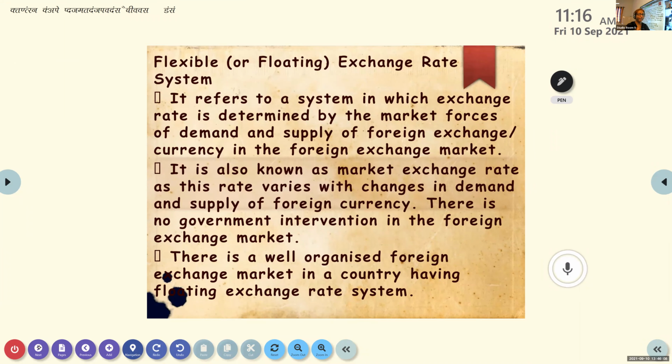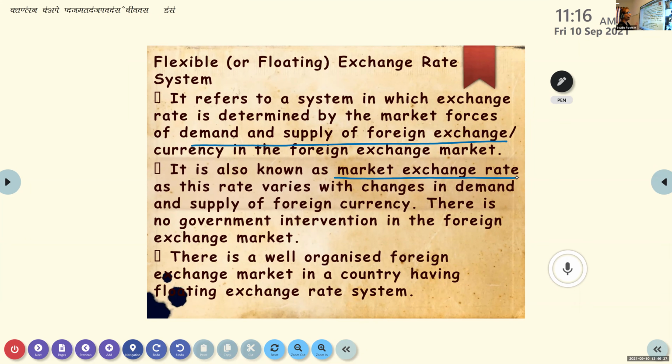So a flexible or floating exchange rate means that it is determined by the demand and supply of the foreign exchange in the market. If there is more demand for the foreign exchange, the price will go high for that particular currency. If there is more supply of that particular foreign exchange, the price will come down for that currency. So it is also known as the market exchange rate.